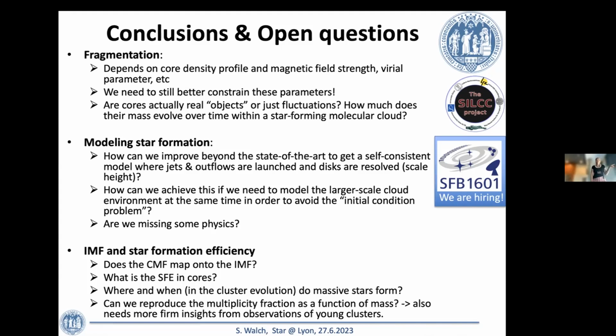Right now we have a fourth order integration scheme in the code, which is quite good. But when you have very tight binaries, of course, the time step kills you. So then you need chain algorithms or something like this, which at the moment we don't have in our grid code.